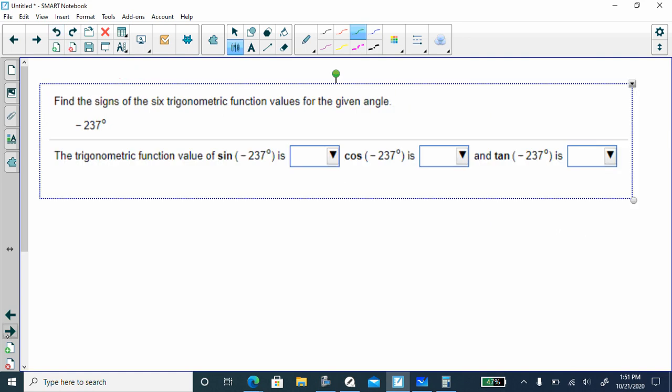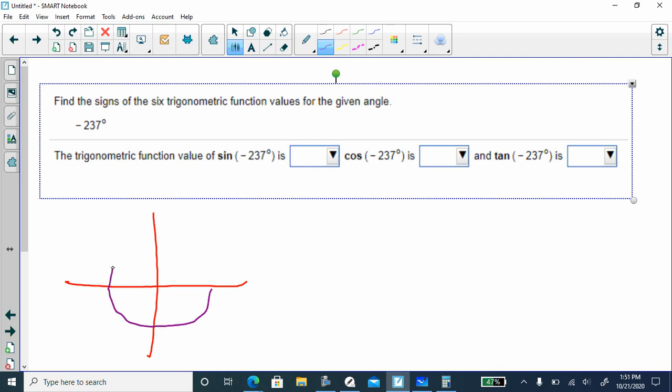Okay, here we just want to know about the signs. What are the signs going to be for our values in this direction? So we need to find out where negative 237 is. If we rotate in the negative direction from the initial side, here's negative 90, negative 180.